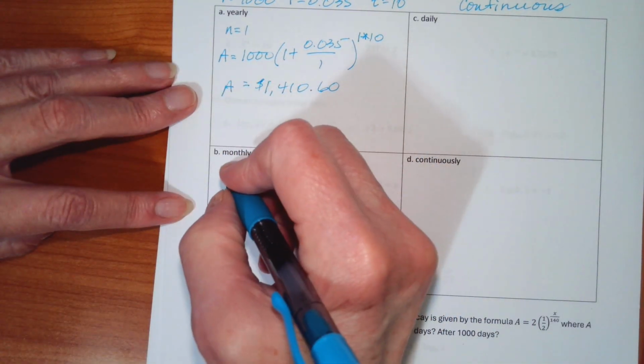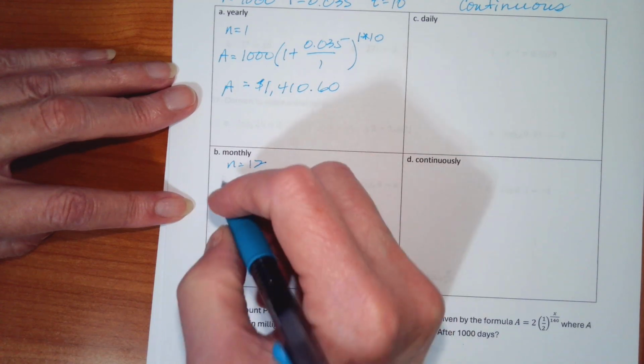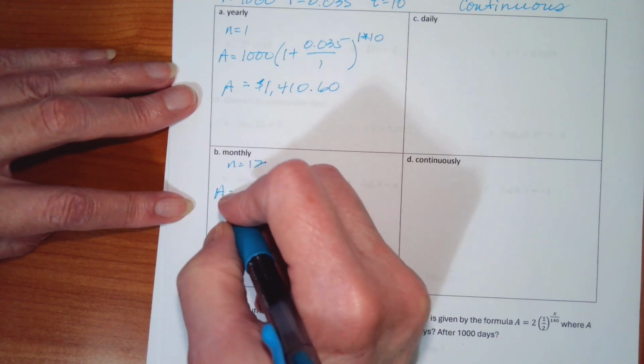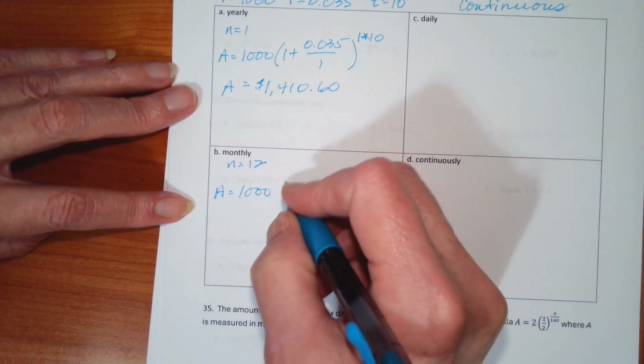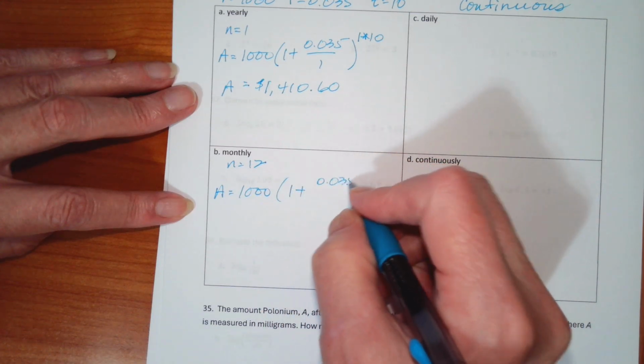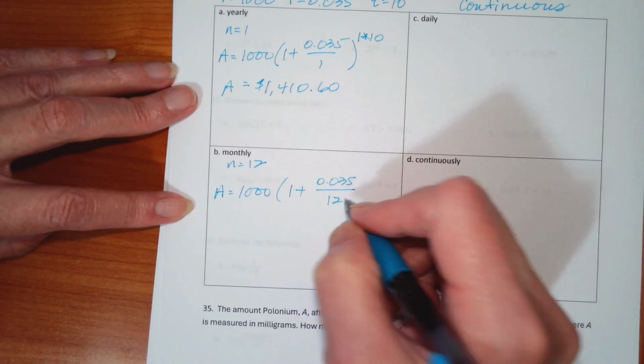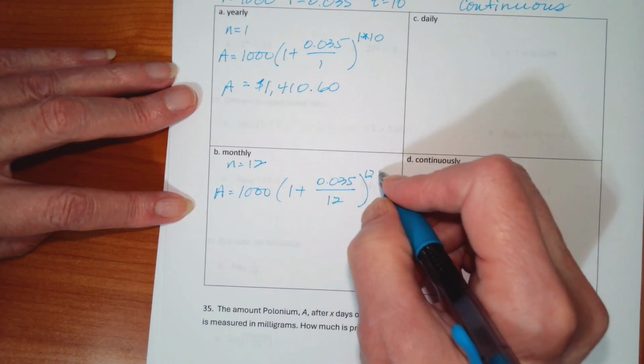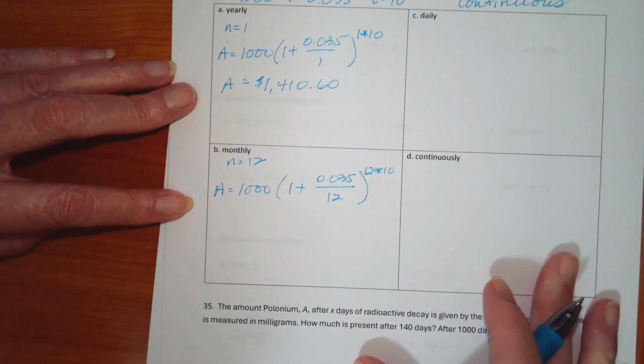If it's monthly, then n is equal to 12. So my A is 1,000 times 1 plus 0.035 over 12 to the 12 times 10.